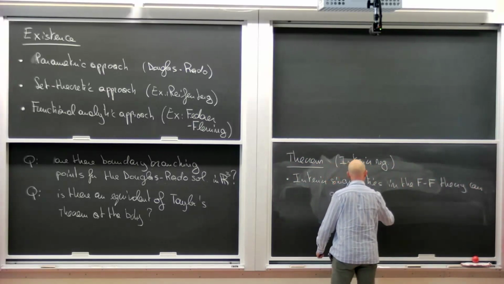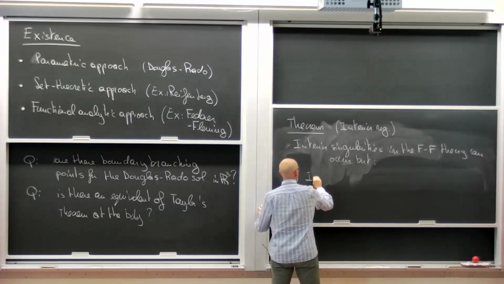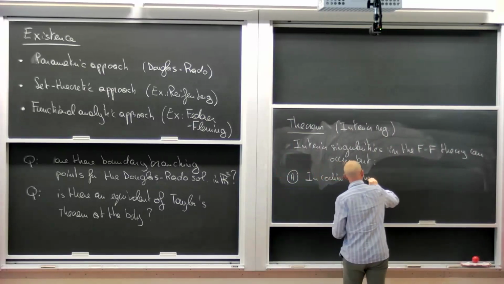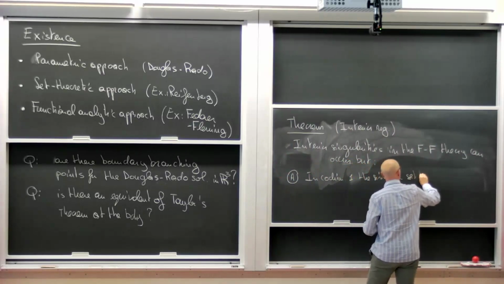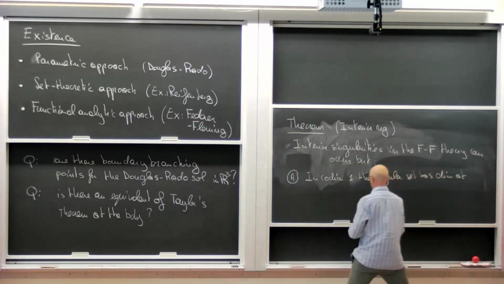But in codimension 1, the singular set has dimension at most m-7.